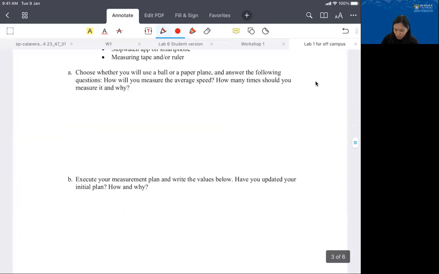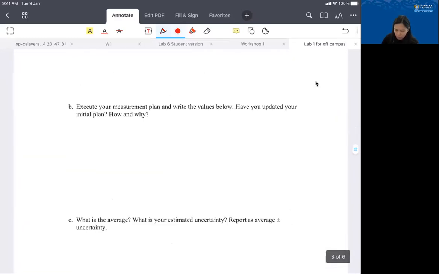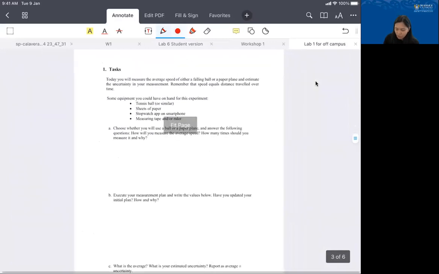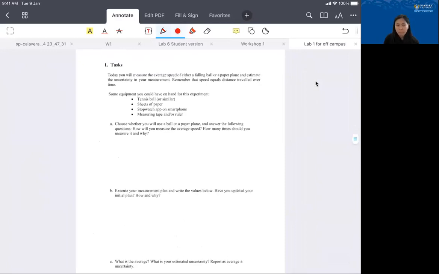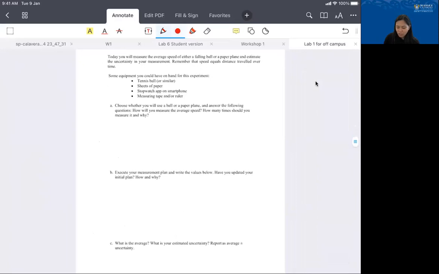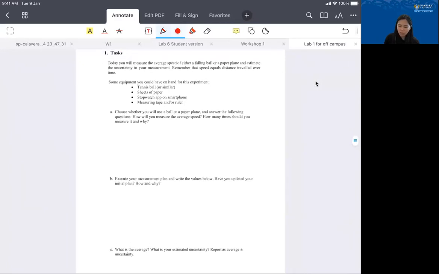The tasks here, you'll see that there's a first part. The tasks will ask you to measure the distance and the time for a ball that you've thrown. For these, you don't have to submit your answers. The role of the tasks is like a practice for you to understand what uncertainty is and what's going on in this experiment.